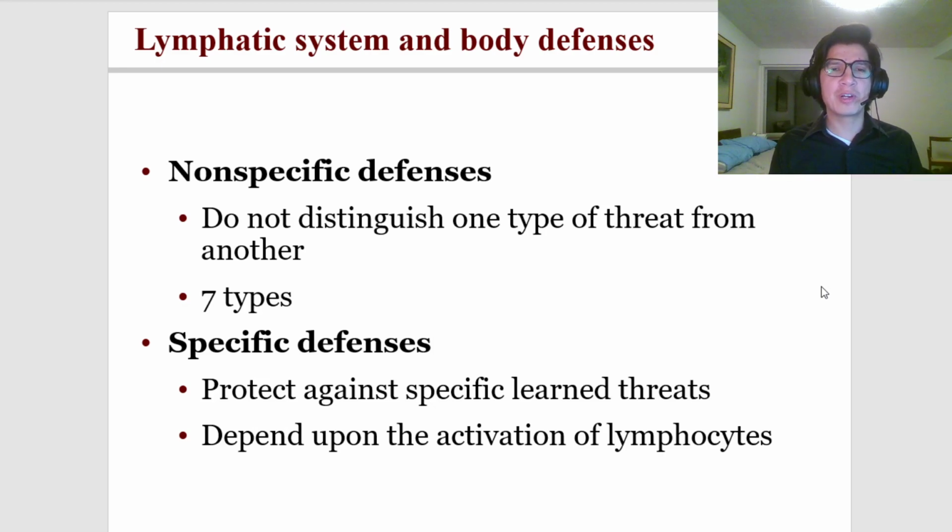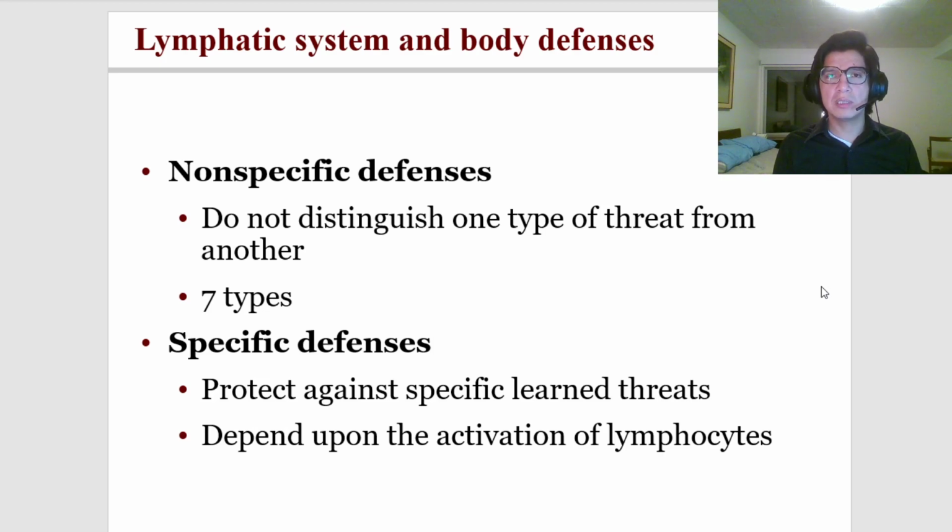Now we're going to look at the non-specific and specific defenses of the immune system. The non-specific defenses basically apply to wide categories of foreign invaders, to all viruses or all bacteria.